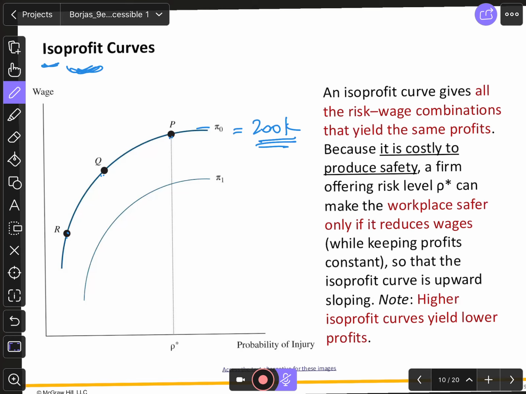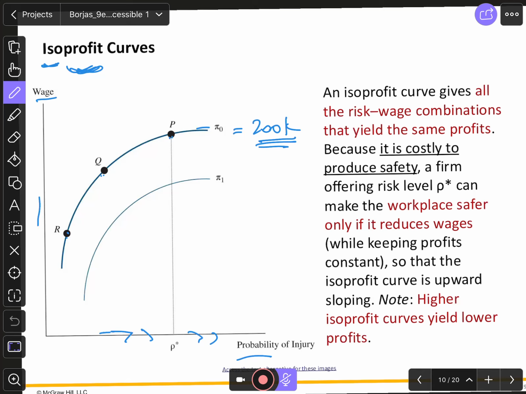So this is telling us it's a positive relationship between wage and probability of injury. The higher the probability of injury, the firm is not paying additional costs to ensure a safe environment, so it's reducing costs, saving money, and that means higher profit.